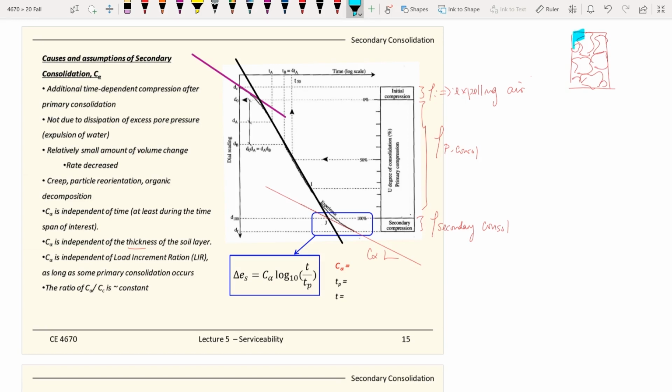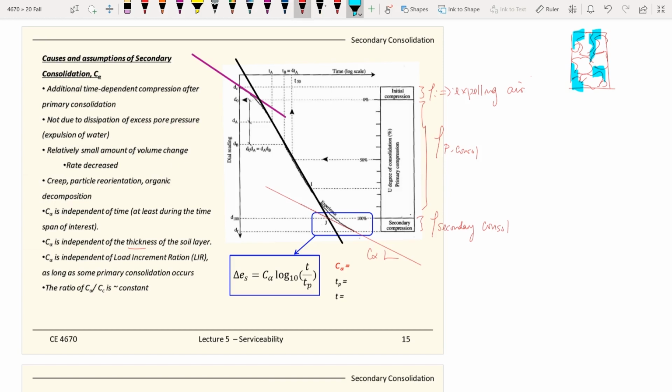The void is in between the soil particles, and within those voids there could be air, especially when you're dealing with soils above the groundwater table near the ground surface, many of them are unsaturated. So you have the air void, and once you load on it, you compress quickly. That gives you the immediate settlements.